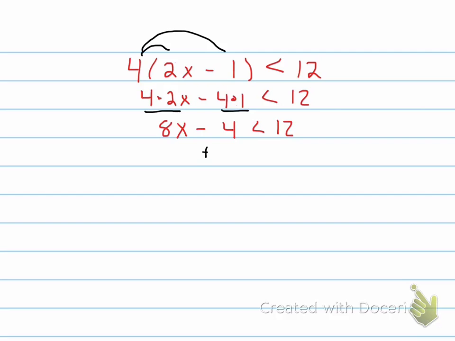So plus 4, plus 4, 8x is less than 16, and just go ahead and divide, and we don't need to switch the signs because this is a positive number. So x is less than 2. Oops. Now let's graph this and then we're done.